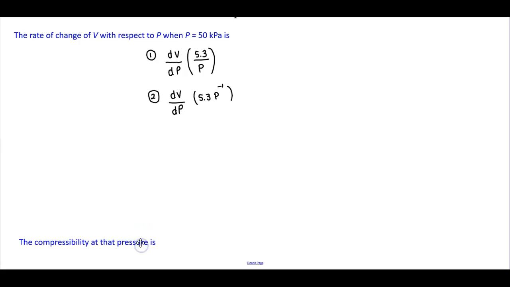So if we go a little further and take the derivative of that, then we get -5.3 P to the -1 minus 1, which is -2.